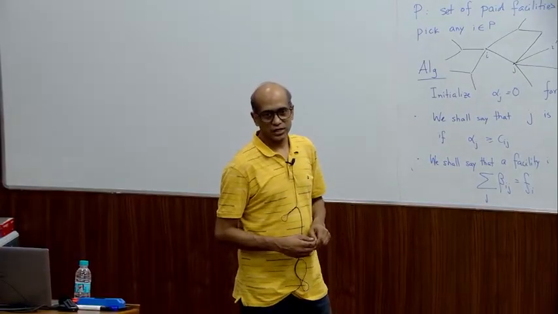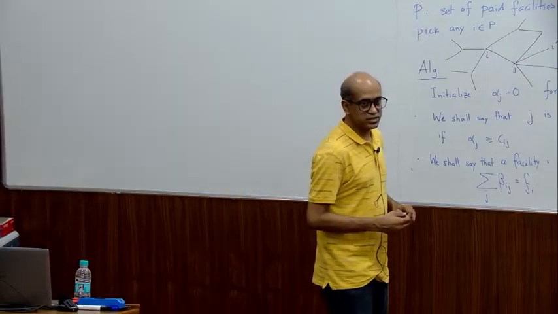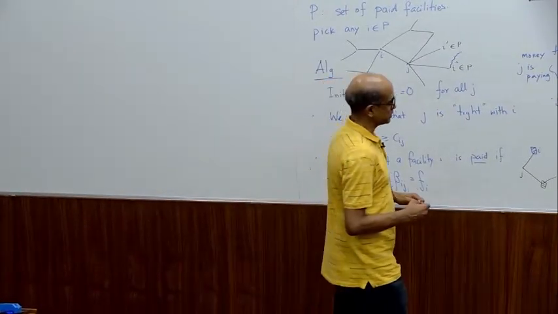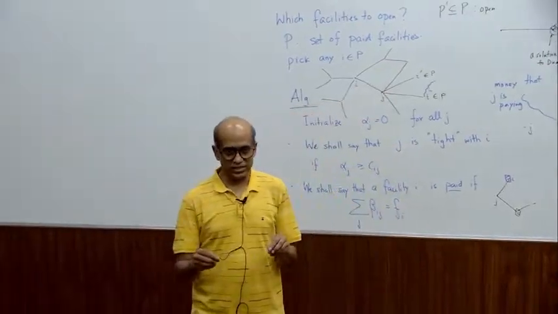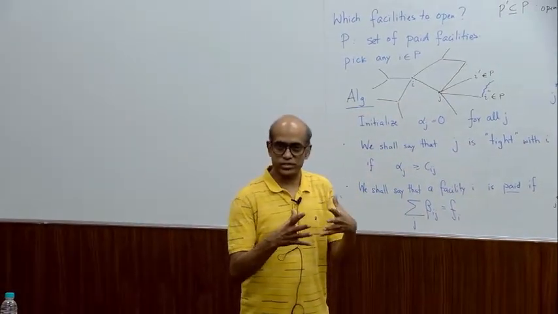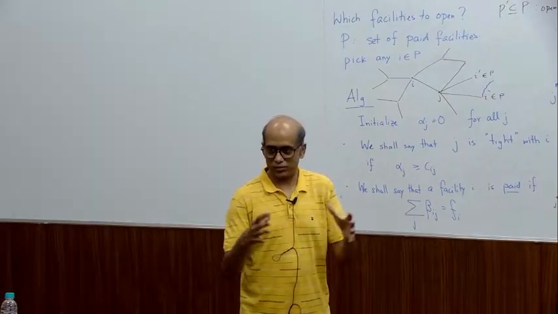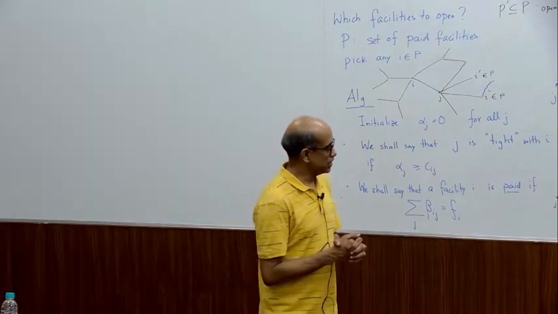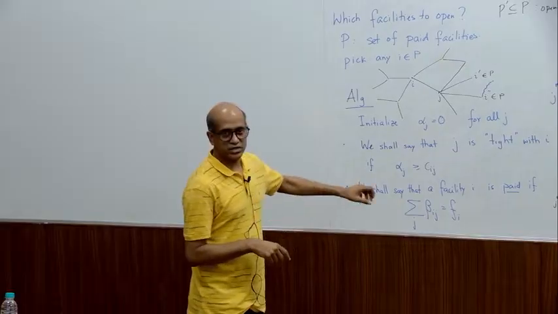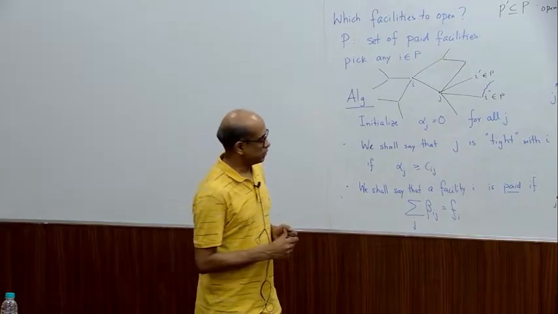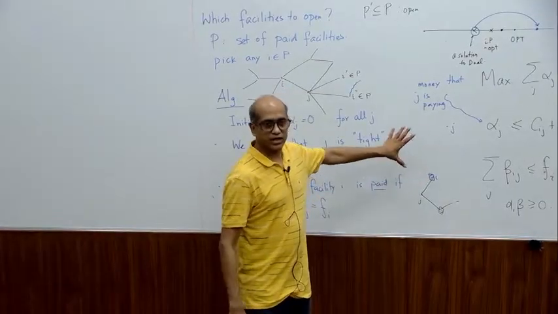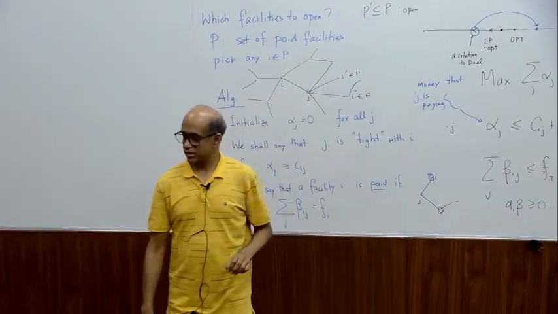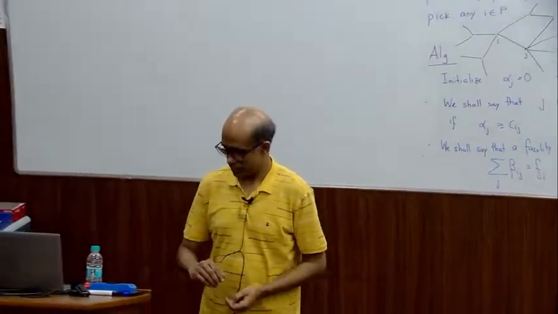For example, there's something called connected facility location, where you say that the facilities that you open should also be connected to each other, so you want to pay for the combined cost and all that. So there are many variations of facility location, but most algorithms that you will see will build on ideas like these. All right, so let's stop here.